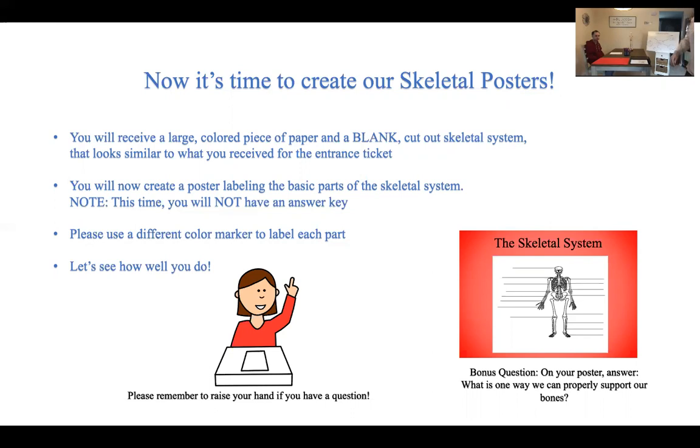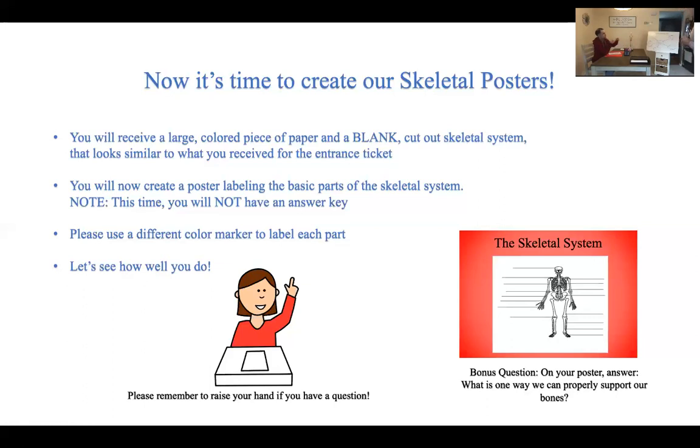This is the fun part. I have all the materials already cut and ready for you, but you can place this to the side and use that for reference. We're going to be using this colored construction paper, so that's for you, Jimmy. We're going to create a larger image, and I want to see what you've learned up to this point. I'm going to have you glue this in the center of your paper.